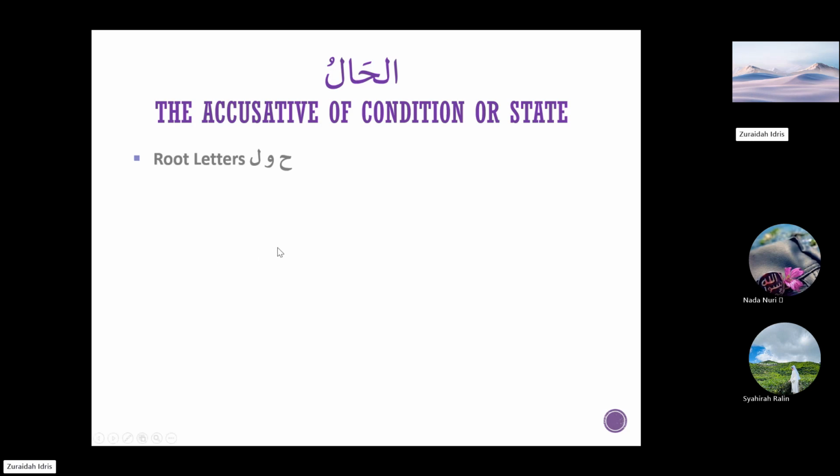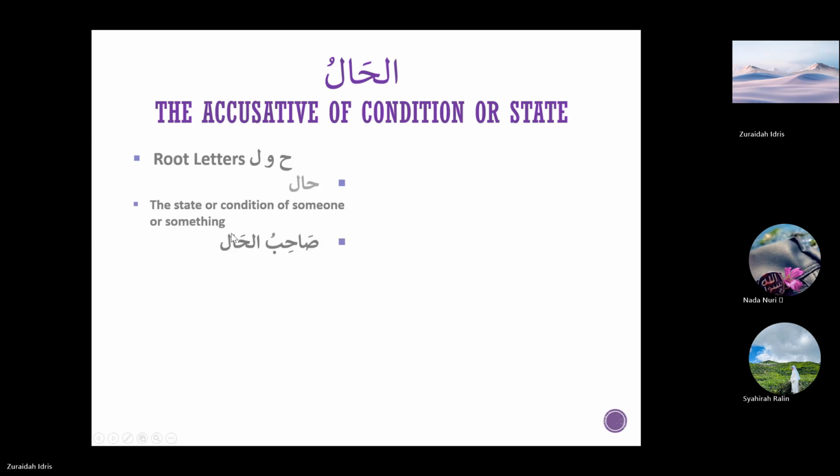Okay, in this case, the root letters are ha, waw, and lam. Hal, the state or condition of someone or something. Sahibul hal is that someone or something, that person or thing.